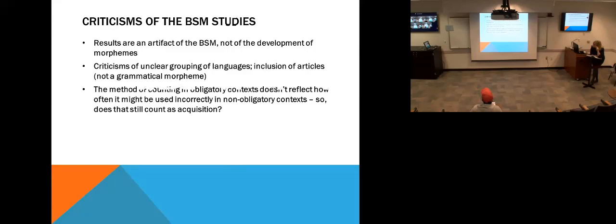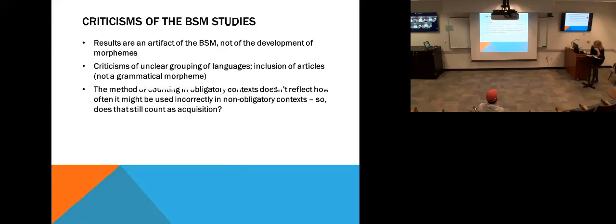But what it doesn't do is count how often they produce it when they didn't need to. Do you see what I mean? In other words, how often are they overproducing a morpheme in a situation where it shouldn't be there? They don't count that, okay?